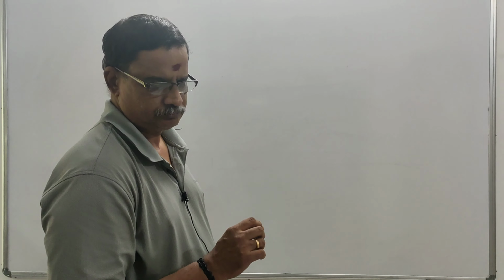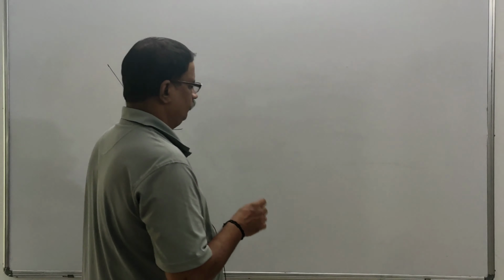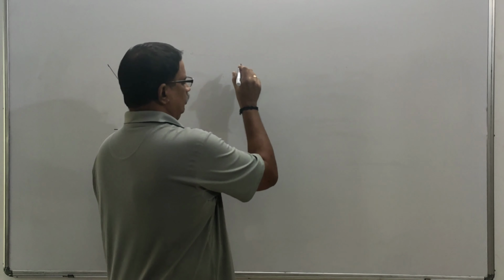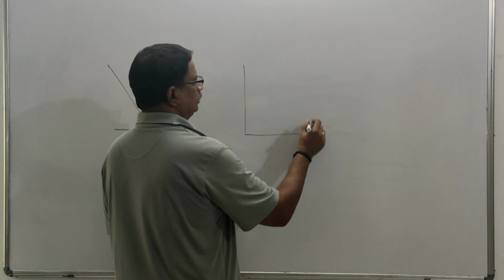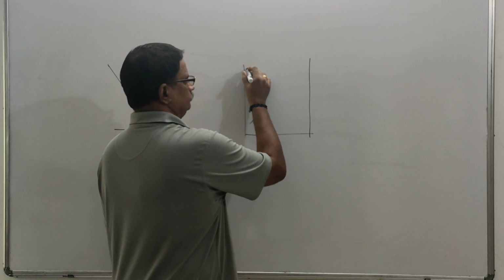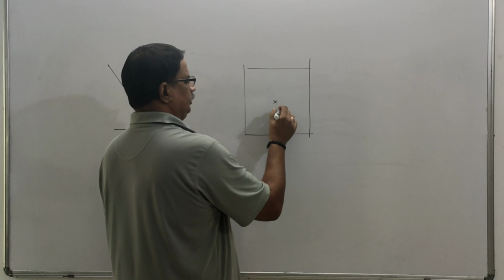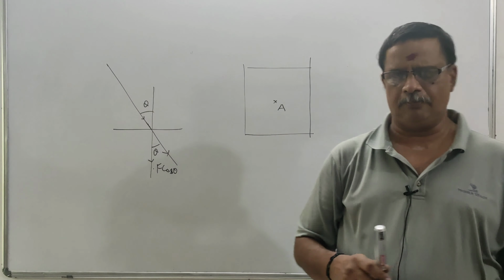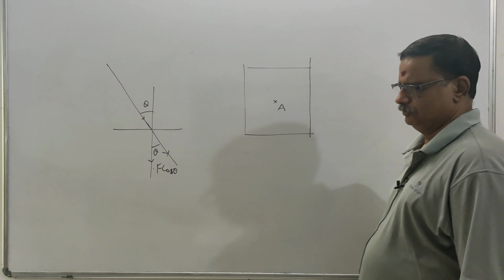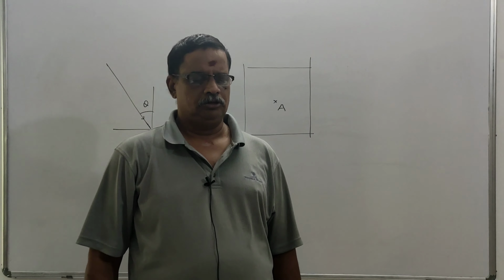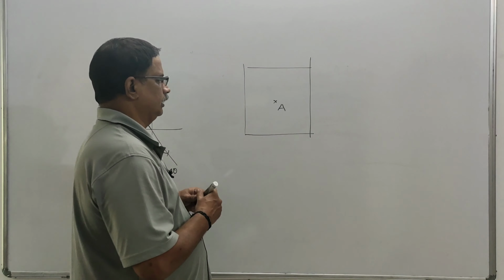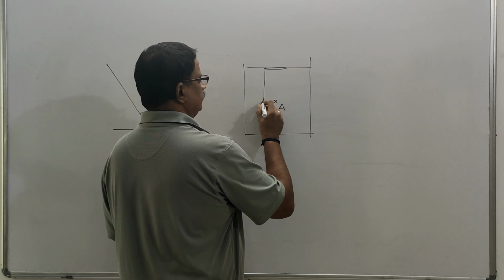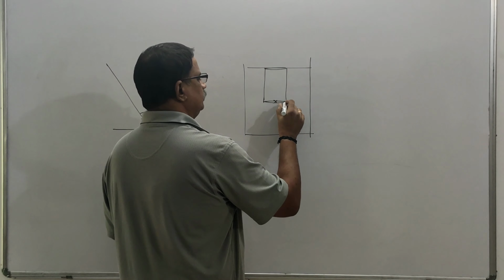So let us now look at the hydrostatic pressure. What is the reason for the pressure at any point inside a fluid? Suppose I take a point here, call it A. What is the responsible factor for a pressure to act at this point? It's very simple. Suppose you construct an imaginary cylinder here made of the same liquid, say water.